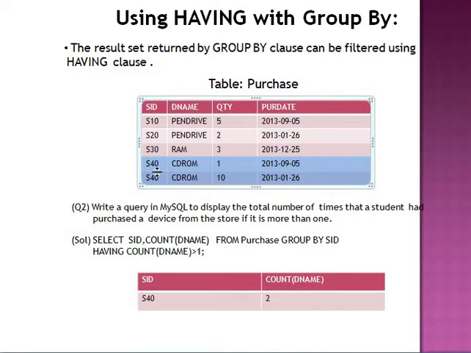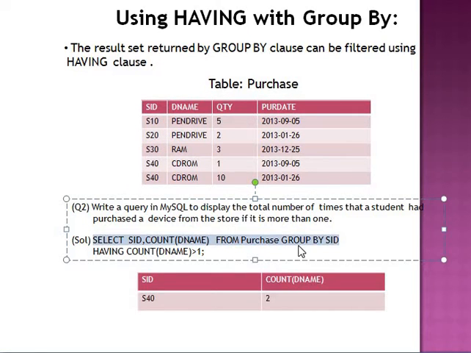So if we group by this SID column, the count of this device name for which the device name is CD-ROM is going to show 2 for the SID entry S40. But the count of the device name column, that is this dname column, is going to show 1 each for each of these student IDs, that is S10, S20 and S30.